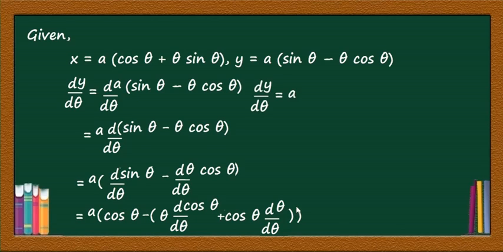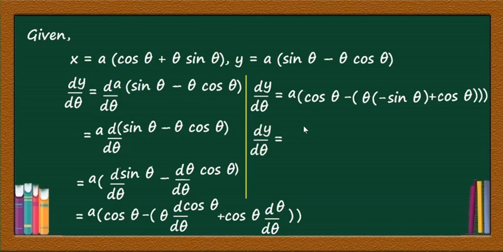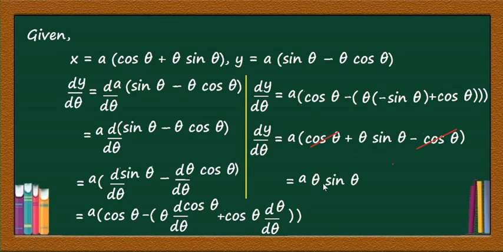That is dy by d theta is equal to a into cos theta minus theta into minus sin theta plus cos theta, that is a into cos theta plus theta sin theta minus cos theta. Here cos theta gets cancelled, and dy by d theta is equal to a theta sin theta.